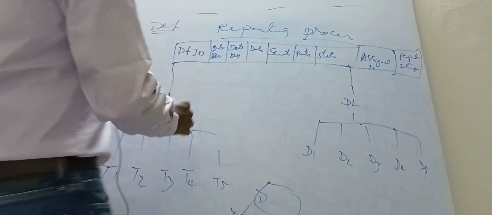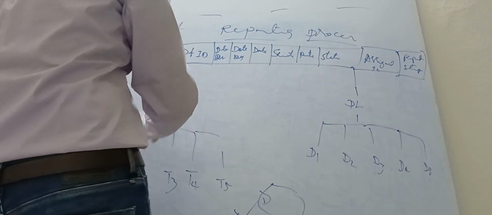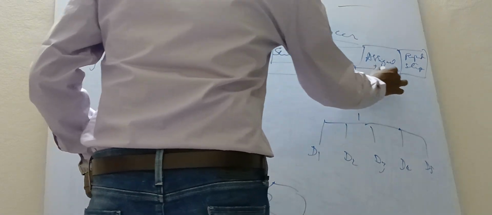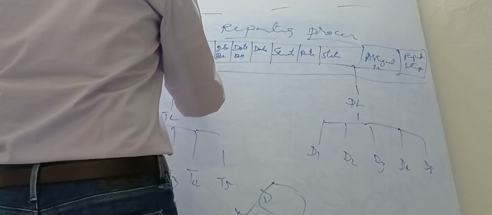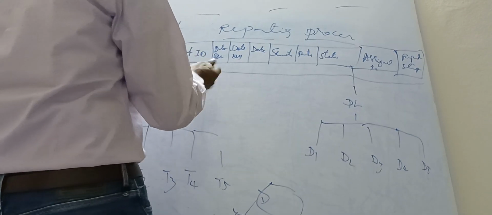So I will tell you. Whenever a test engineer has found a defect, this test engineer will raise the defect in a defect tracking tool, right? Defect ID means we will give the defect name as defect 01 or something, first defect.